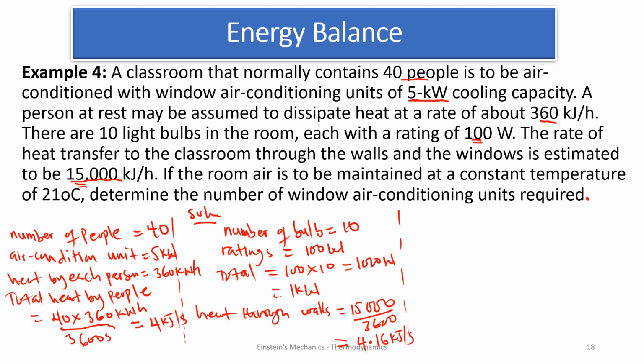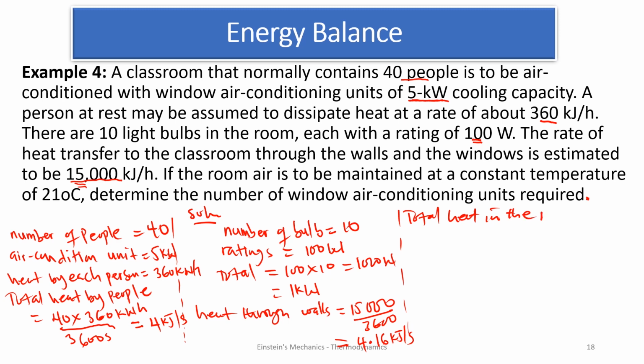So now I've made analysis for energy of the people, energy of the electric bulb, and energy of heat through the walls. I can add them to know the total heat energy coming inside the room before I consider the air condition.